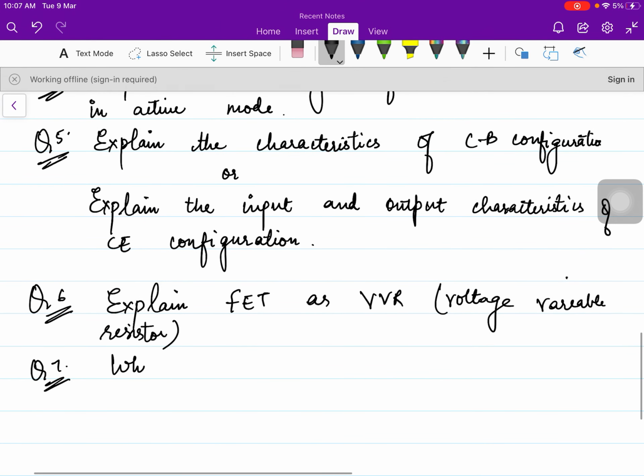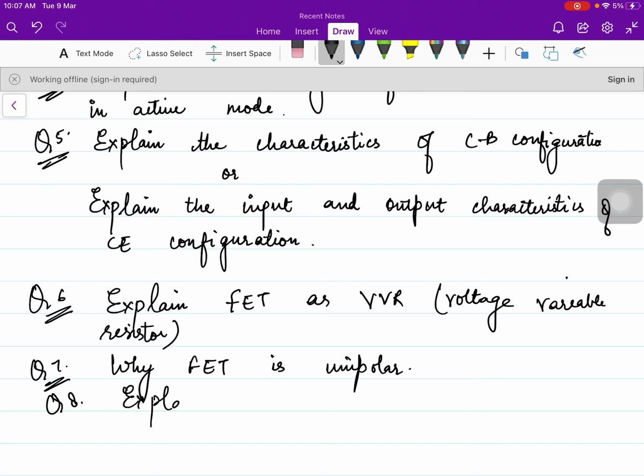Next question could be related to why FET is unipolar. And the other two questions include construction, working, and characteristics.